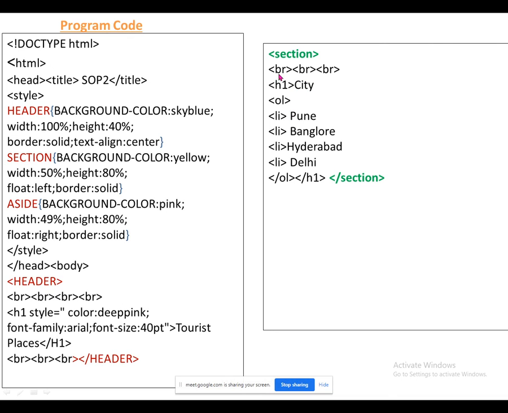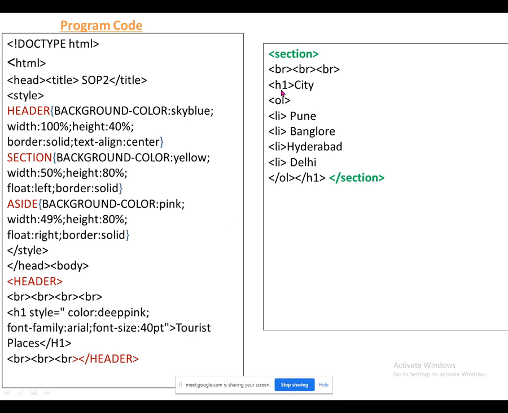So add some space, then you are giving H1 here with the city. See, these properties are not applicable to the city, because you are using inline CSS under the header. So all these properties you get for the tourist places only.